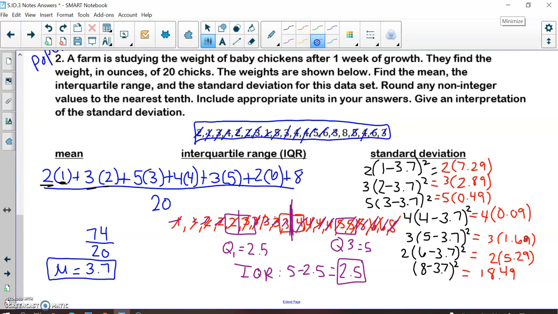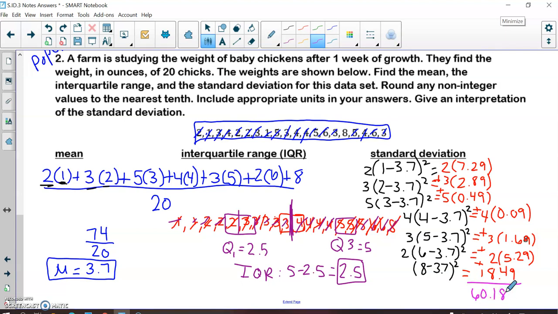So I'm going to add all this up. And I get a sum of 60.18.